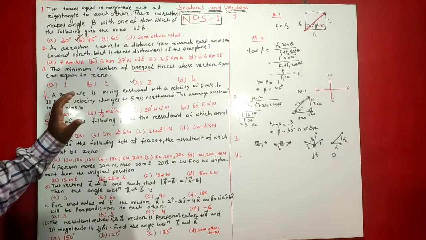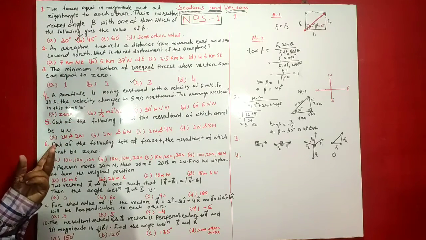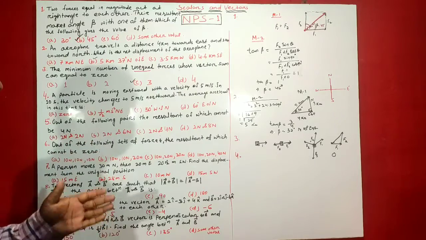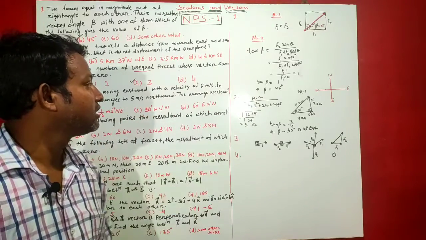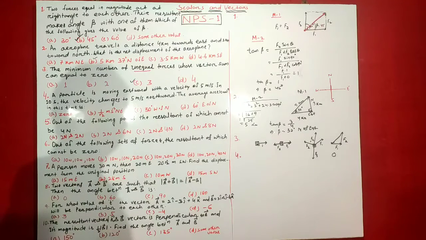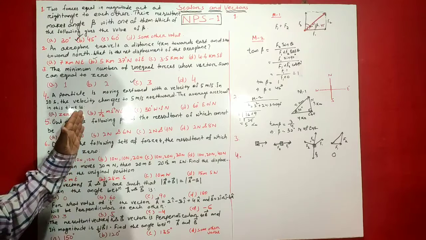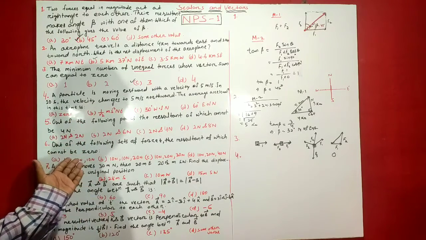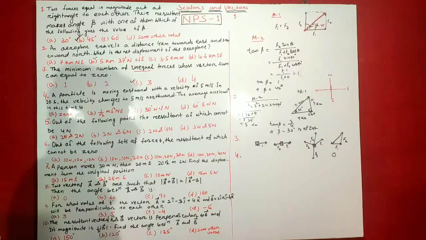There is a particle with two velocities. One is 5 meters per second eastward, and then its velocity changes to 5 meters per second northward.